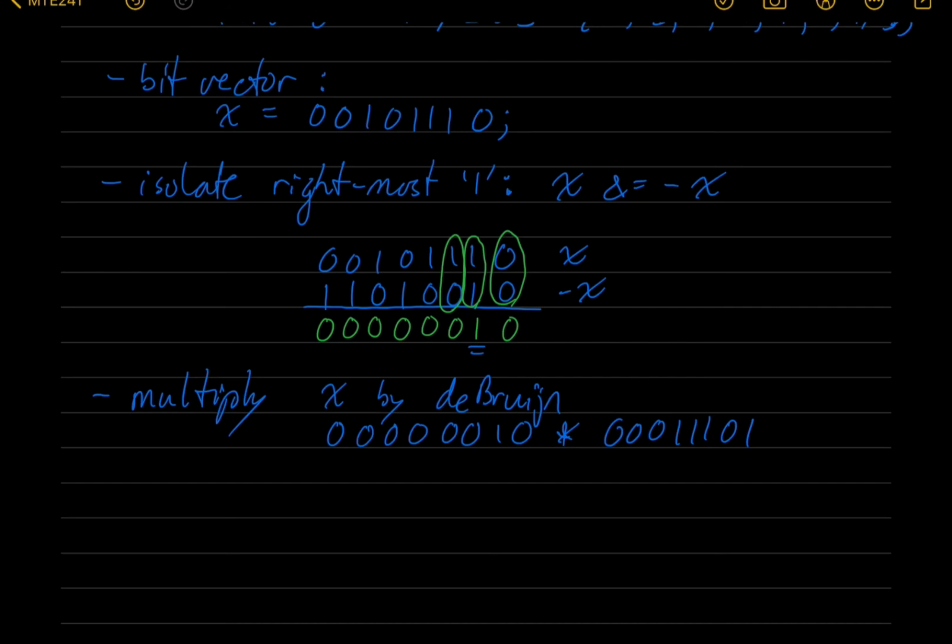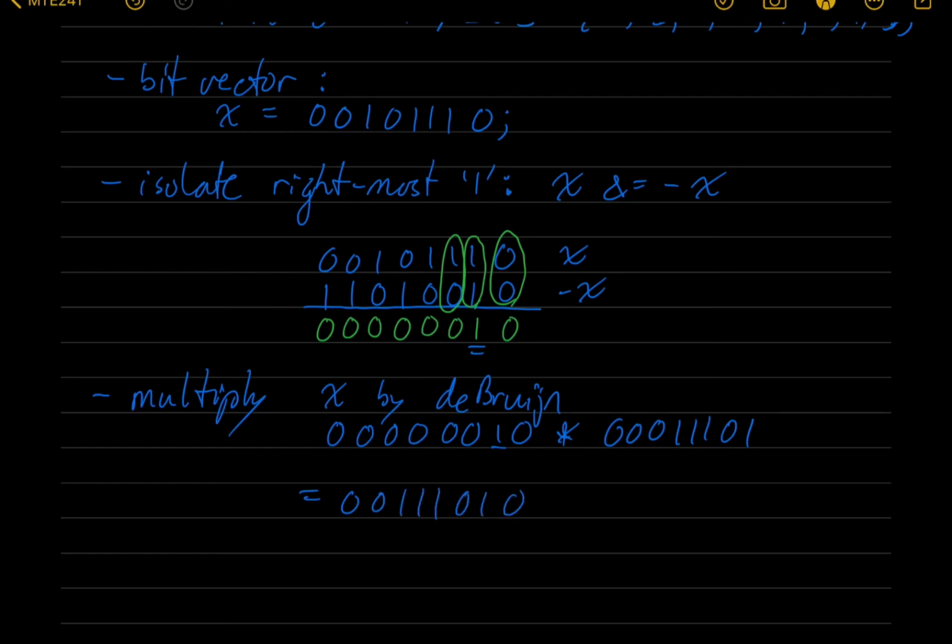When you just have one bit set like this in a number and you're multiplying, well, that's a power of 2, and multiplying something by 2 is the same as shifting it left by 1 position. So our de Bruijn number is going to get shifted to the left a number of times equal to the position of the 1 in our bit vector. And so this gives us 0, 0, 1, 1, 1, 0, 1, 0.